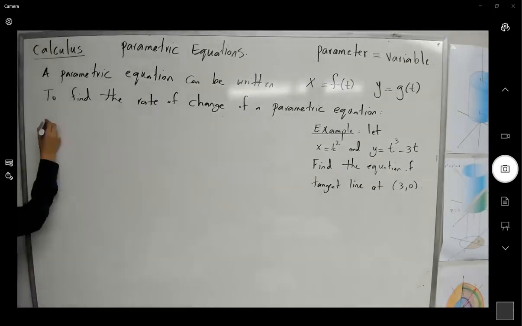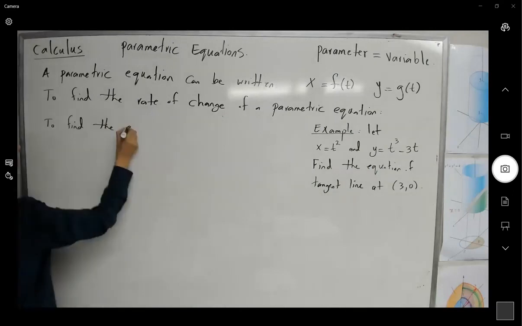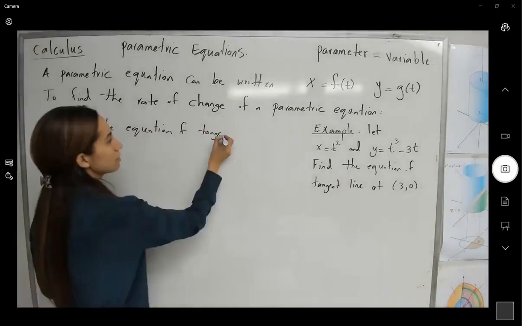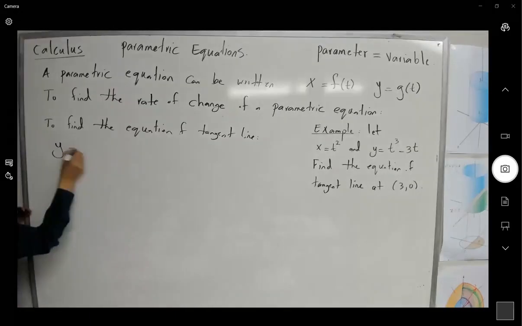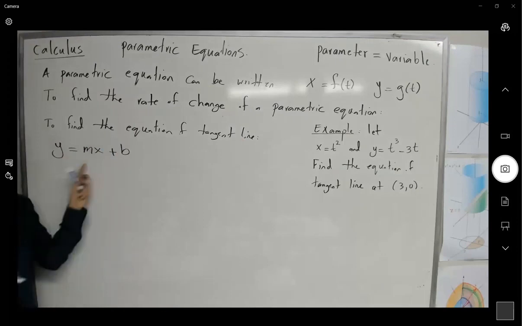To find the equation of the tangent line, y equals mx plus b, we need to find the slope.